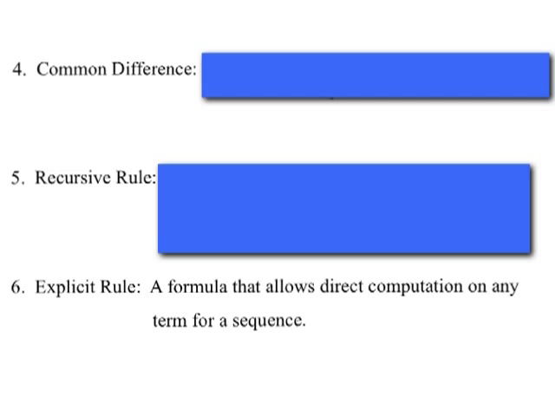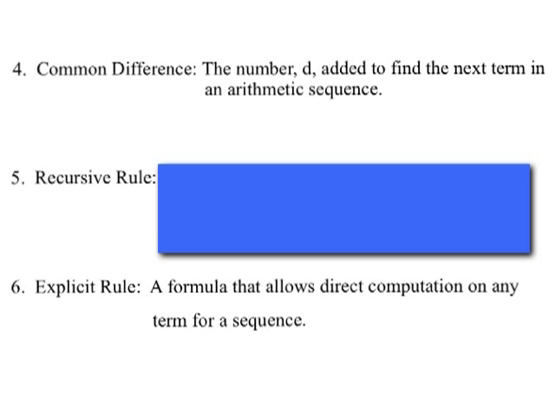Okay, the next thing we're going to look at is called a common difference. Now, remember when we got the first difference and it was 3 on the previous one that we just did? Well, it just so happens that a common difference, that 3, we're going to denote as D. So it is the number D added to find the next term in an arithmetic sequence.